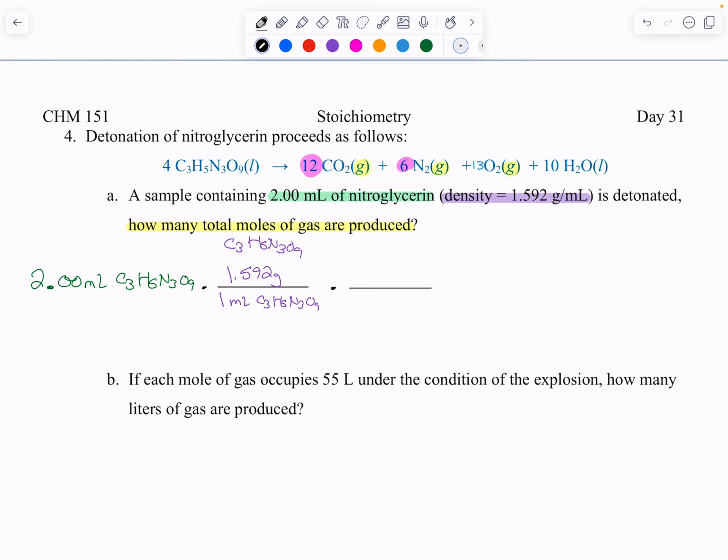If I do the molar mass, 12.01 for carbon, 1.01 for hydrogen, 14.01 for nitrogen, and 16 for oxygen, times the subscripts, I got 227.11. That's, of course, 1 mole.